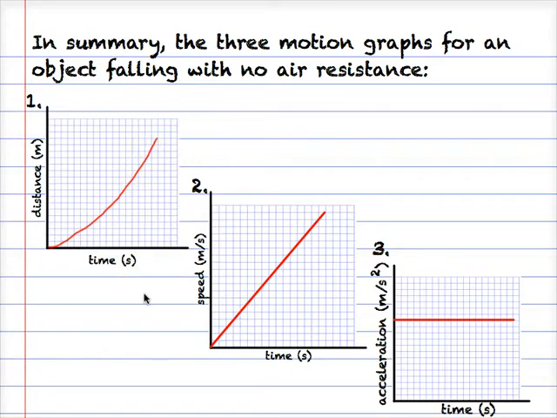This is for the falling object with no air resistance. The second graph, speed against time, we can see that we have a proportional relationship, a straight line graph through the origin. And the third graph, the acceleration time graph, we can see we've got a horizontal line showing that the acceleration is remaining constant.